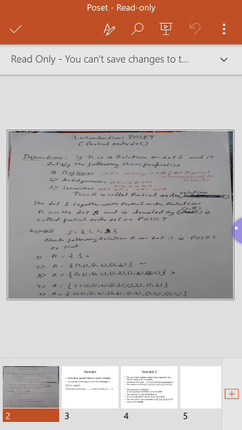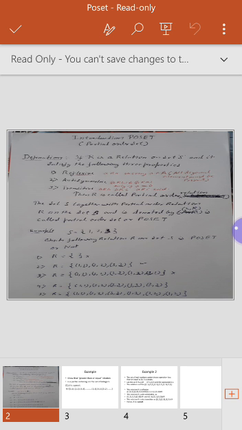So (1,1), (2,2), (3,3) can be antisymmetric. Last, we will check for transitive. Here we don't have any pair of the form A related to B, B related to C, so we will not check for A related to C. Hence it is transitive also. So we can say relation 2 is a poset.